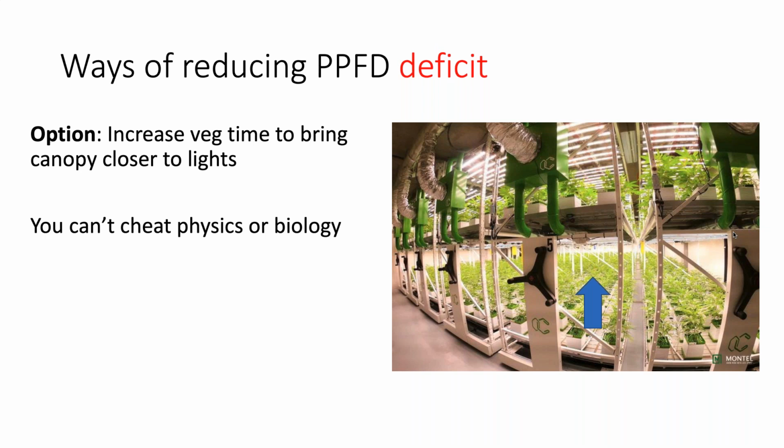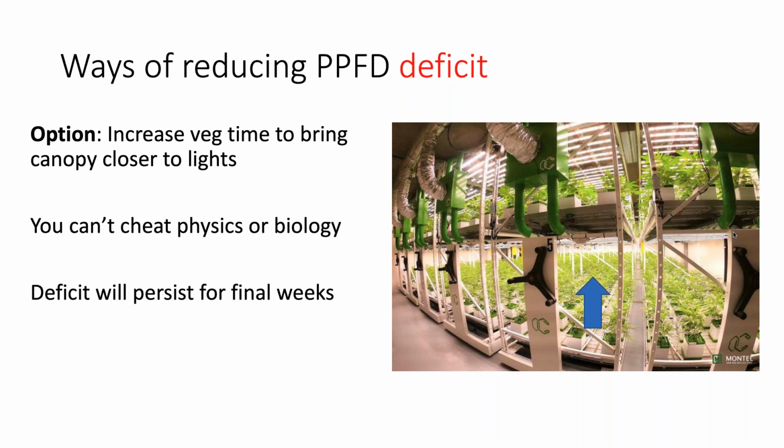If during veg you're not providing enough PPFD or enough light intensity, the plant is still going to have lower yields and develop more slowly, right? Even if you provide a higher average PPFD when you move it into the flower stage.